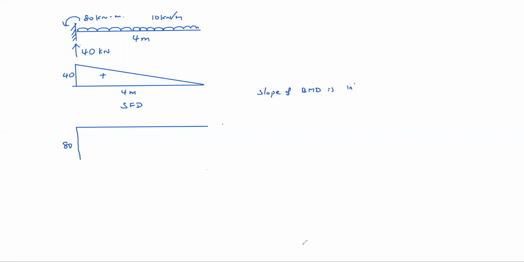That means magnitude of shear force. So starting maximum shear force is there and ending zero shear force is there. That means the variation must be like this. Concave down. Okay, this is BMD.